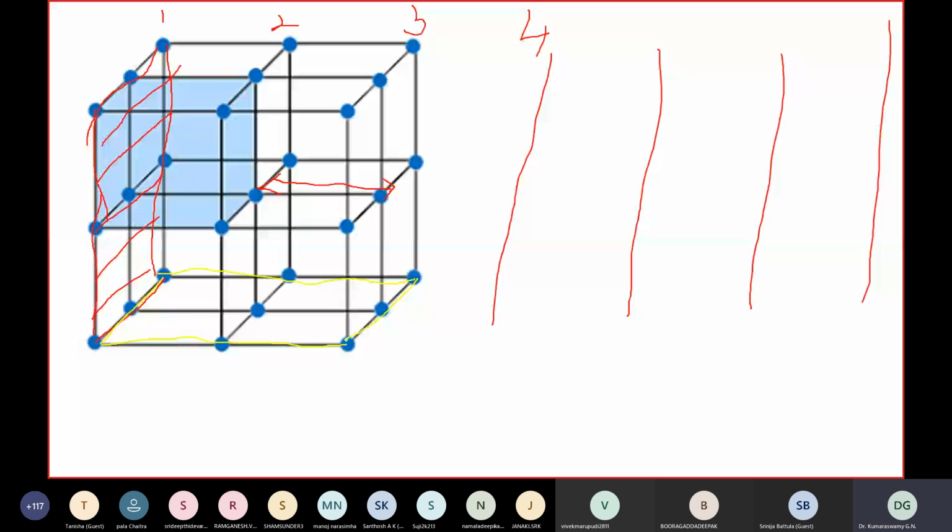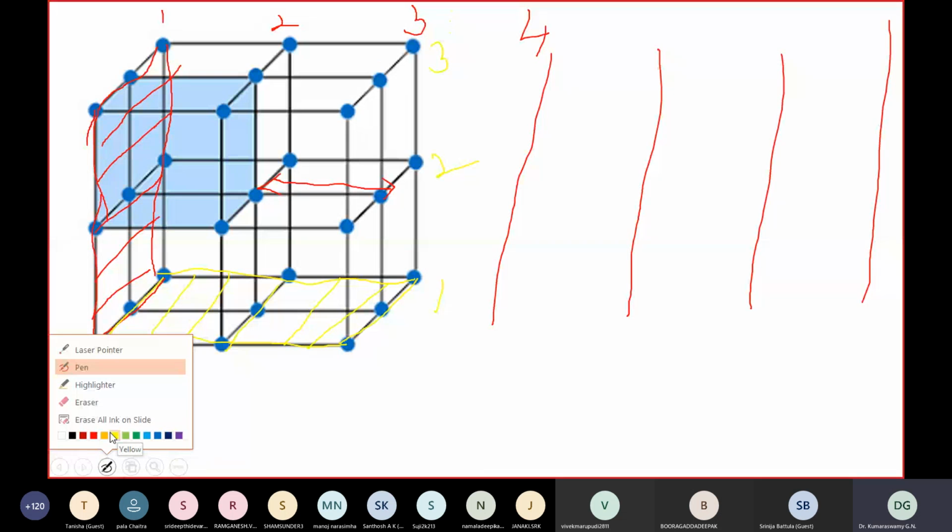Then this will be plane number 1, 2, 3, and go on in the vertical y-axis or in the z direction. You will get the same crystal system. Also, you can take this plane, which is in the back. There are other options available as well. Let me take that one. So we can also take this plane.